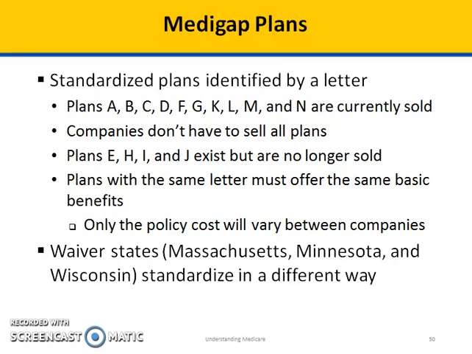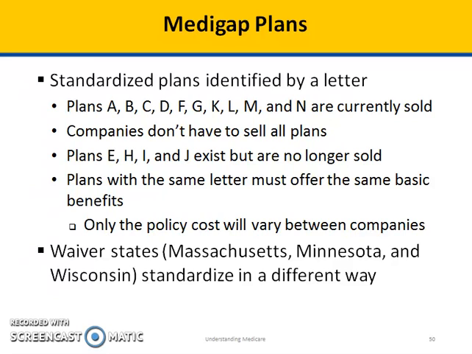Each standardized Medigap plan must offer the same basic benefits, no matter which insurance company sells it. The benefits in any Medigap plan identified with the same letter are the same, regardless of which insurance company you purchase your policy from. Cost is usually the only difference between Medigap policies with the same letter sold by different insurance companies.